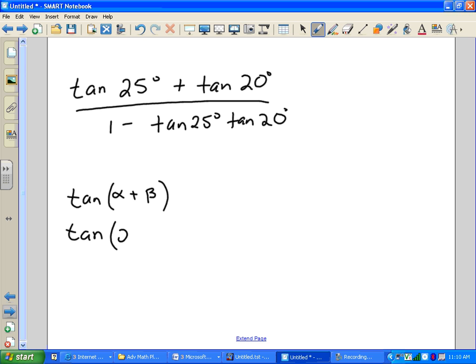So it's the tangent of 25 degrees plus 20 degrees, which is 45 degrees, right? Tangent of 45 degrees is just 1. All right. So, yeah, I'm loving those problems. Okay, those are pretty simple.